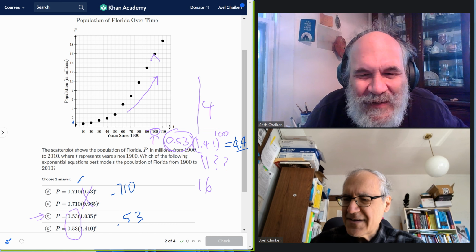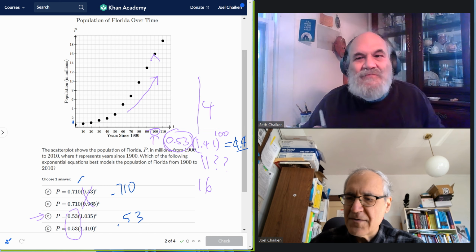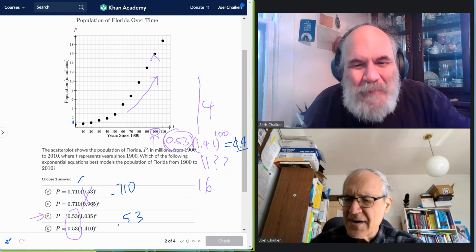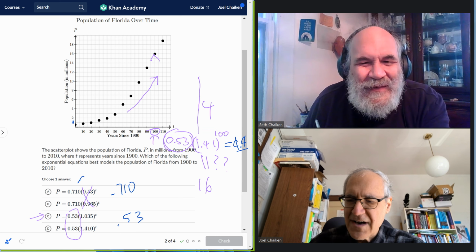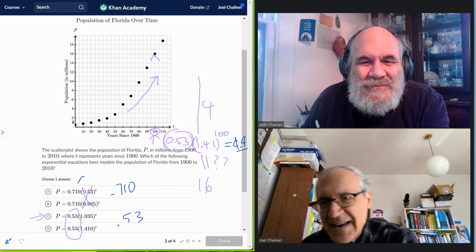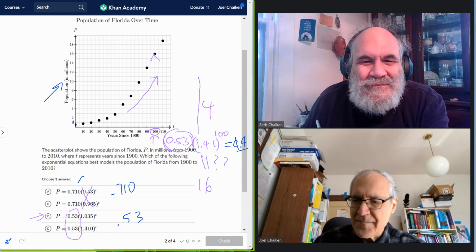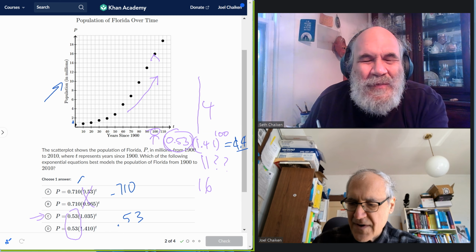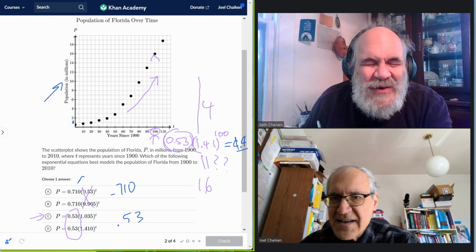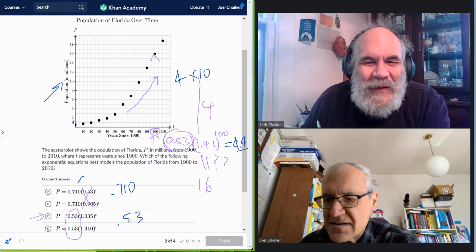Yeah, okay, I have a mistake. My calculator is doing something weird. Oh no, 1.41 to the 100th power is 8.53 times 10 to the 14th. Oh yeah, this is in millions. Times 0.53, oh, millions. Gosh, it's 4 times 10 to the 14th.